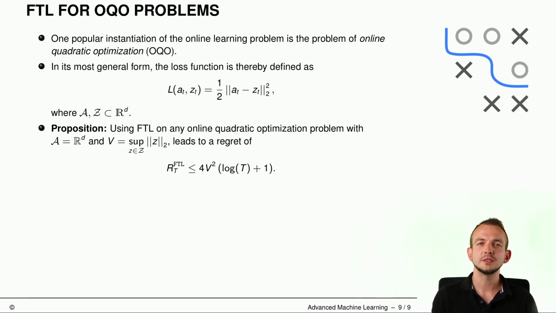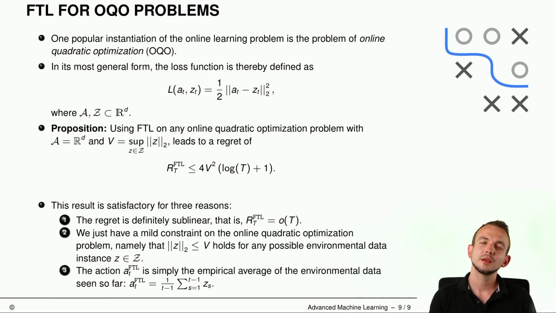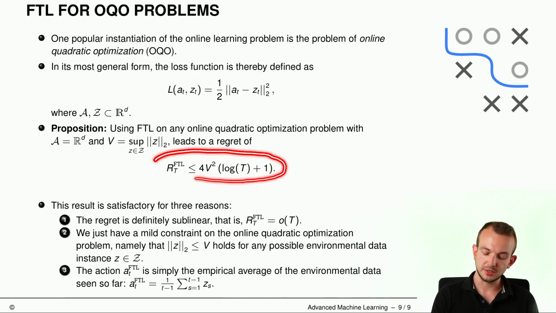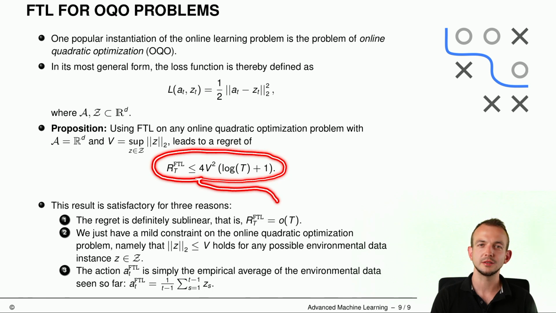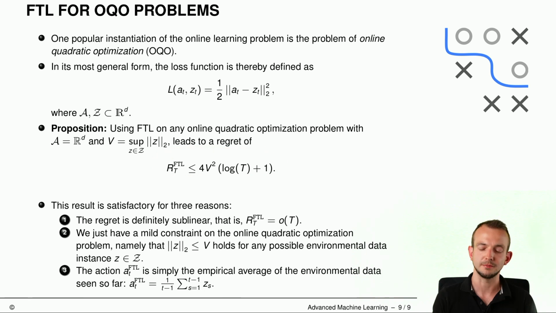And why is this a good result? It's a good result for 3 reasons. First of all, recalling what we wanted all the time, we wanted the regret to be sublinear with respect to the time horizon. This is definitely sublinear because it only grows logarithmically. So we have a logarithmic dependence on the time horizon.